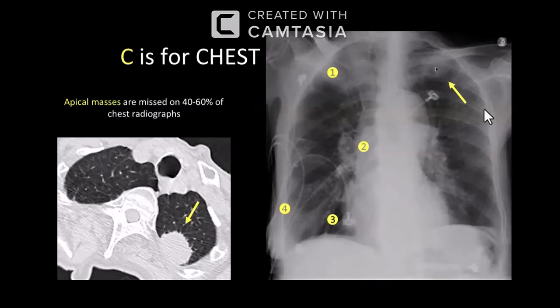Usually you can appreciate a nice ill-defined opacity in the left apices. So look at the apices very carefully. Sometimes a lesion in the apices can be missed. Similarly, look at the hilum also, especially the hilar nodes, or if there is any hilar pathology, you have to mention it in your report.